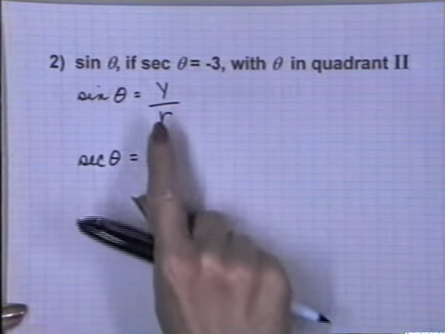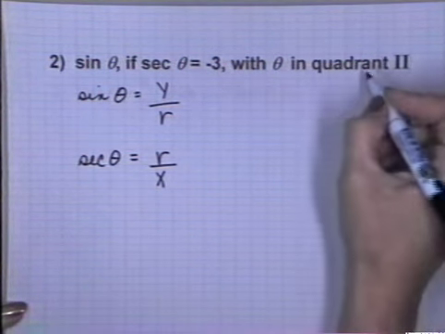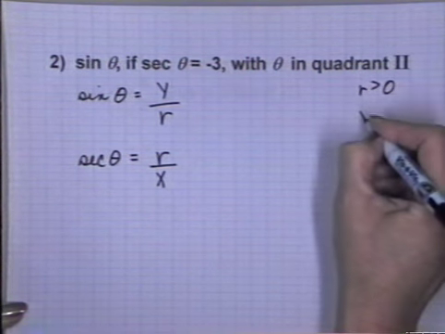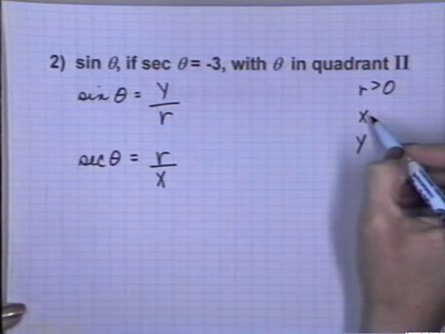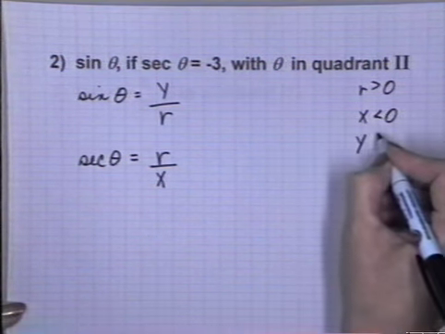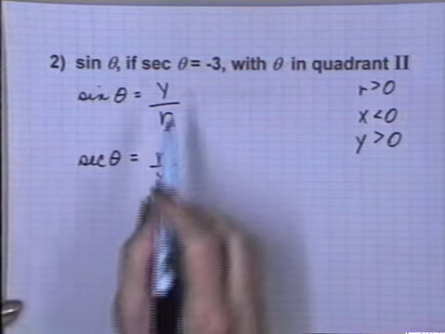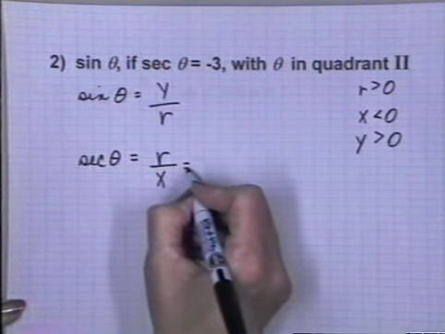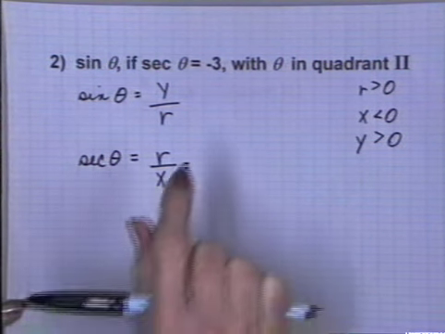I know that my r is positive, and that's why I have to know the quadrant. So r is greater than 0. In the second quadrant, what about x and what about y? Well, in the second quadrant, x is negative, x is less than 0, and y is positive, so y is greater than 0. So if I know the secant of theta is negative, then since r can never be negative, I know it's the x that's negative.